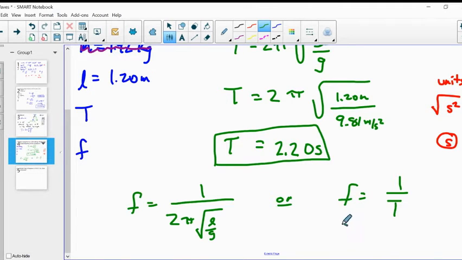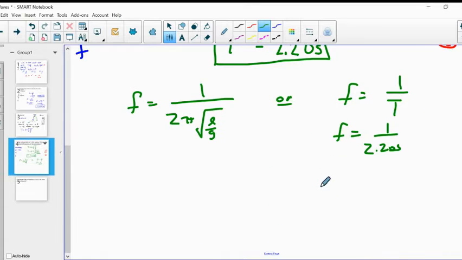So the frequency is 1 over 2.20 seconds. And that means that it has a frequency of 0.455 hertz.